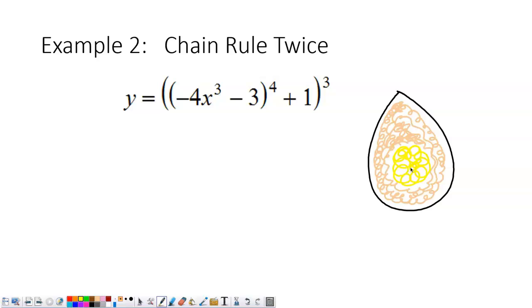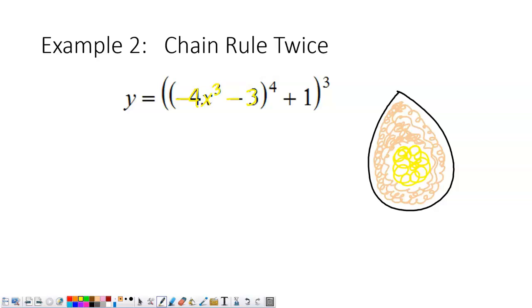So there's like 3 layers to an egg. Well, in the same way, there's kind of like 3 layers to this problem, okay? Let me show you what I mean. We have the yolk. The part of this function that's deepest inside is this. This is the thing that's most nestled inside of the entire problem. That's the yolk.